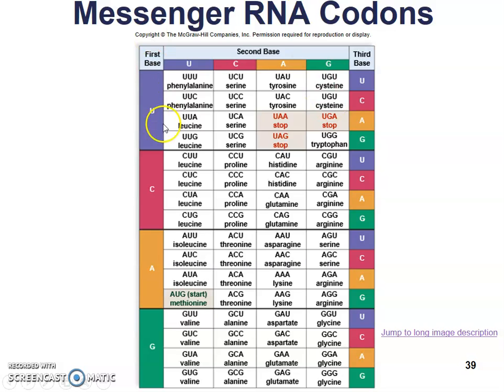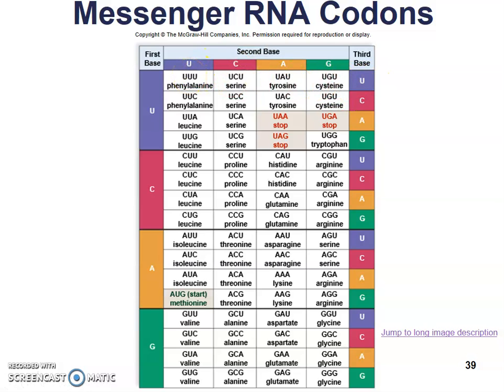Okay, so you start with your first base over here. Okay, so then you move to the second base, which is up here. So if we have U, U, U, we know that we're going to have phenylalanine because we go U, U, U, and they all 3 line up here.